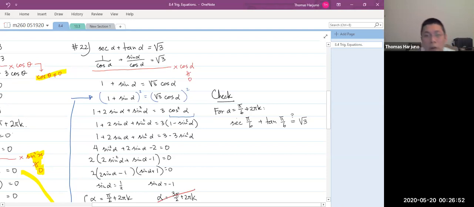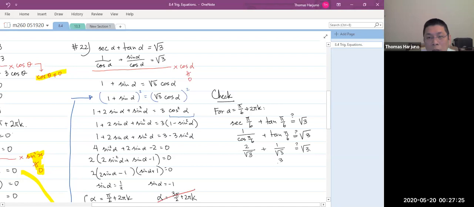Now secant pi over 6 is 1 over cosine pi over 6, and cosine pi over 6 is, this is square root of 3 over 2, so secant is 2 over square root of 3. And tangent pi over 6 is 1 over square root of 3. Is it equal to square root of 3?